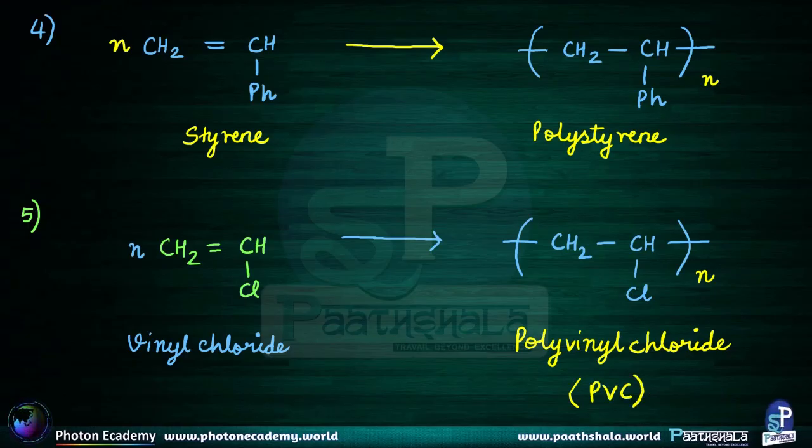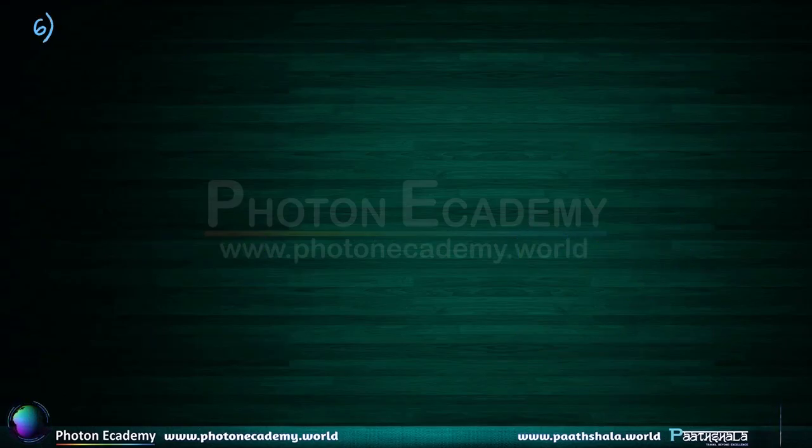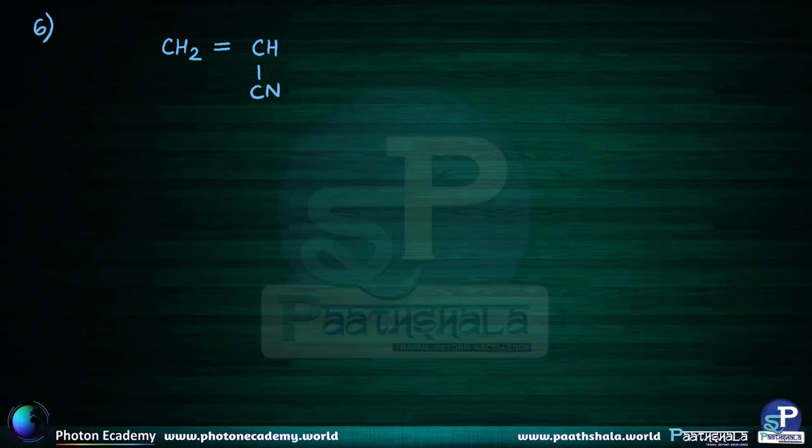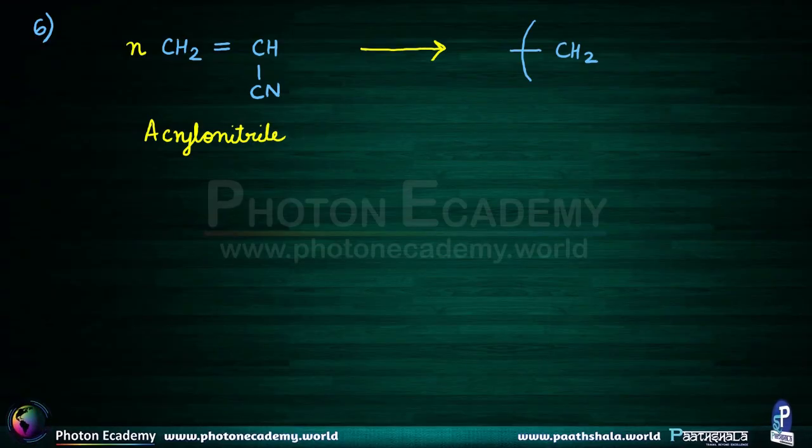Okay, so now the next that we'll be dealing with, the sixth one. The sixth one is CH2 double bond CH with the CN group attached to it. N units of this we are taking. This is known as acrylonitrile. Okay, which on polymerization will give us CH2 with a single bond along with CH, and we have CN attached to it.